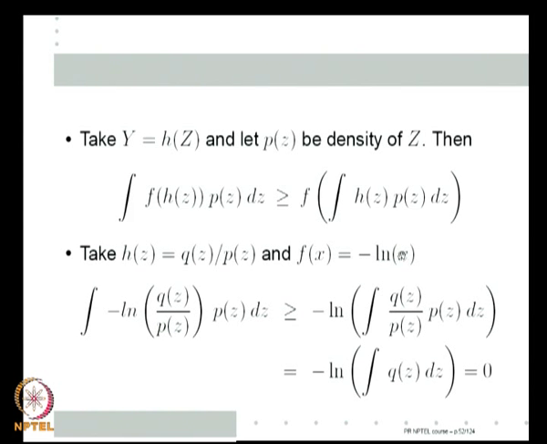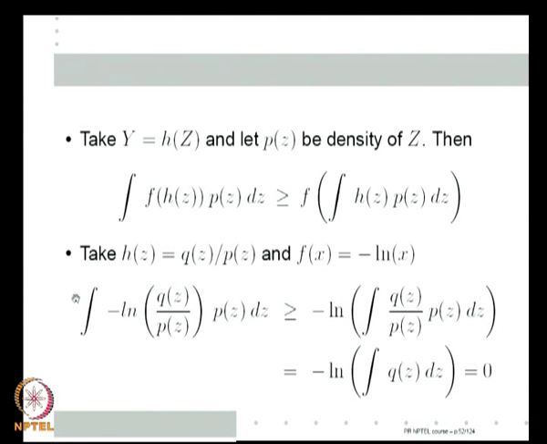Minus ln, that is function f, of h(z) equal to Q(z) by P(z) times P(z) dz is greater than or equal to minus ln of the integral of Q(z) by P(z) times P(z) dz. Now, the P(z)'s will cancel, so it becomes minus ln of the integral of Q(z) dz. Now, Q(z) is a density function, so the integral of Q(z) dz will be 1, and minus ln of 1 will be 0.